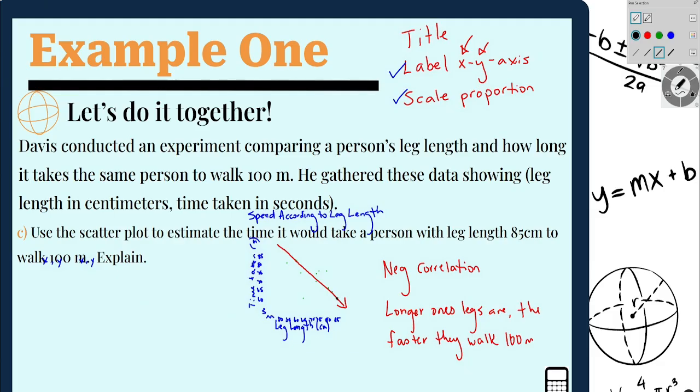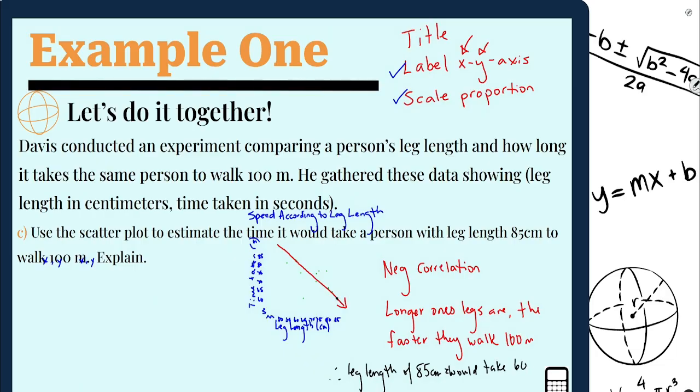If their legs were 85 centimeters, it would take them approximately, I would say, 60 seconds. So a leg length of 85 centimeters would take 60 seconds to walk 100 meters.